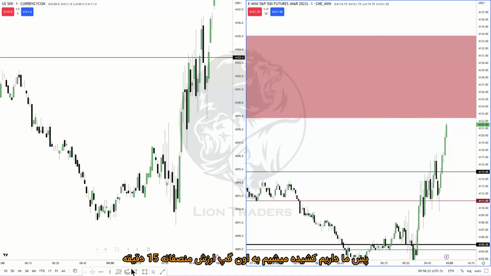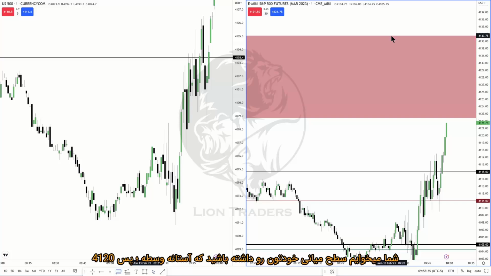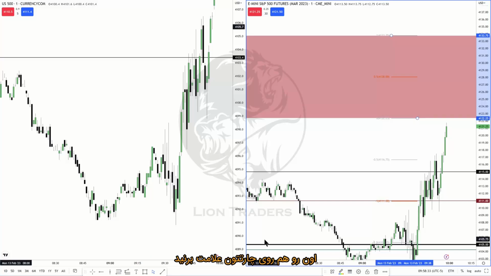And you want to get your level in the middle, which is consequent encroachment. So 41.28 even. Have that annotated on your chart as well.